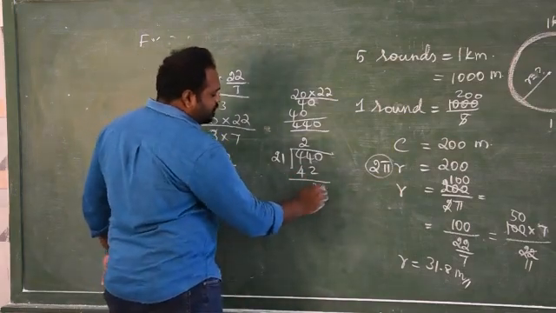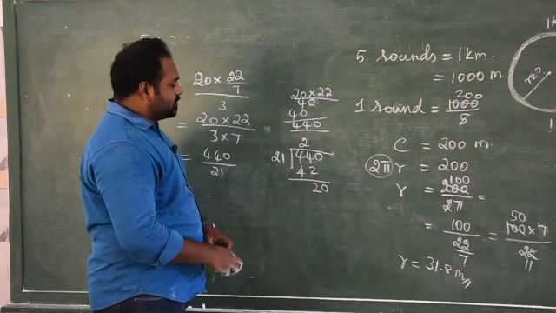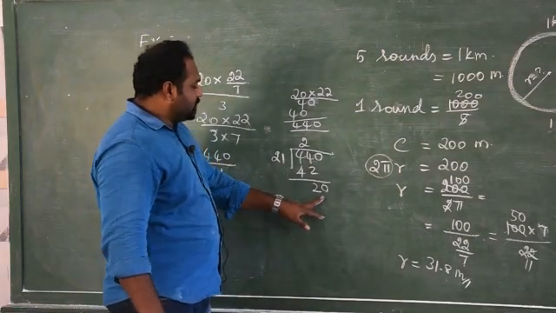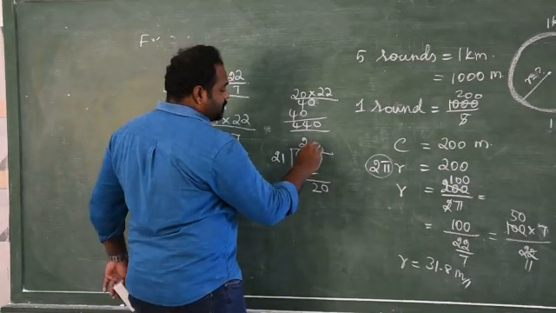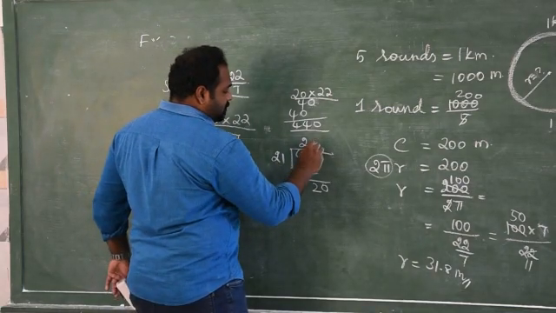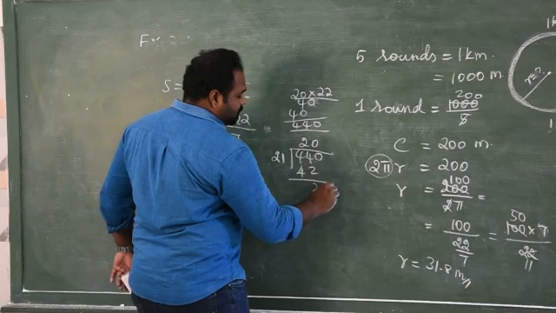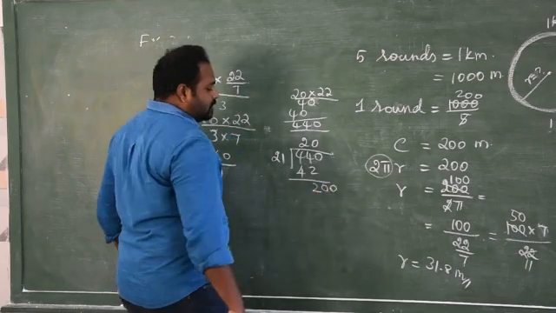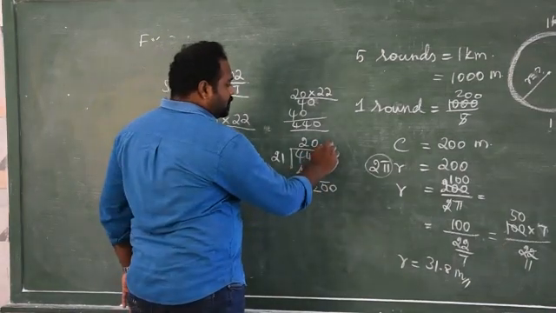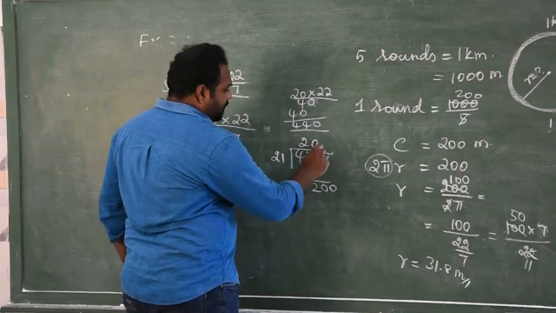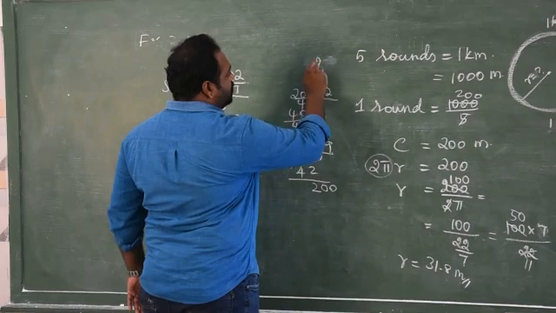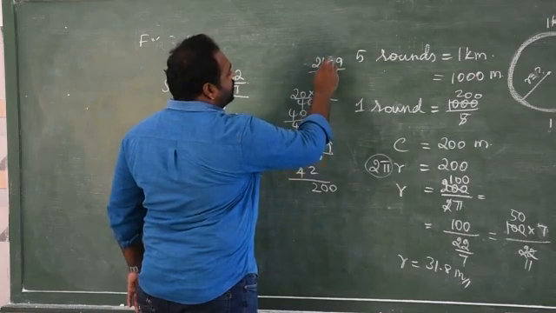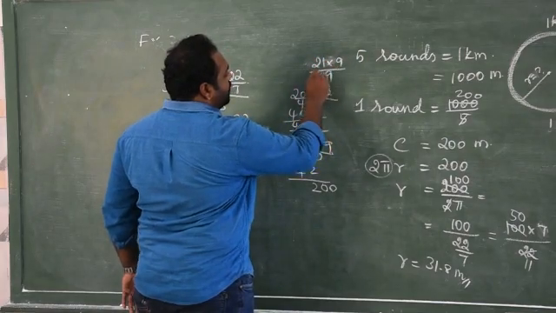It won't go, we can bring the 0 down, then it is 20, and 21 will not go, so once again we can multiply with 9. 21 into 9 is 189.